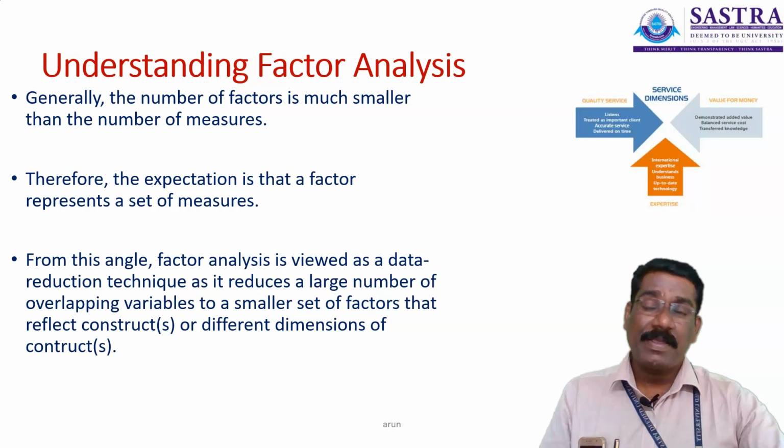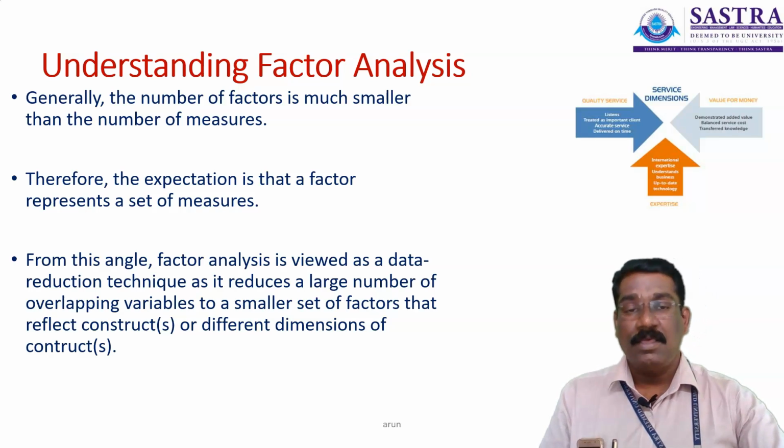Therefore, the expectation is that a factor represents a set of measures. From this angle, factor analysis is viewed as a data reduction technique, because these 22 variables get minimized into only 5 factors, 5 dimensions, as in the case of the instrument developed by Parasuraman, Zeithaml, and Berry in the year 1988.